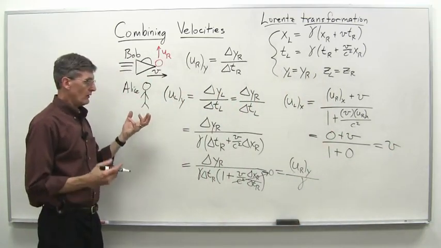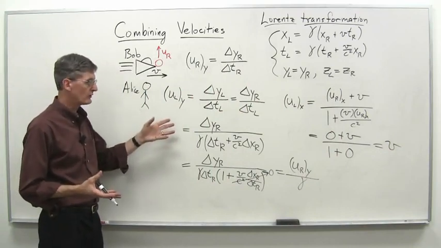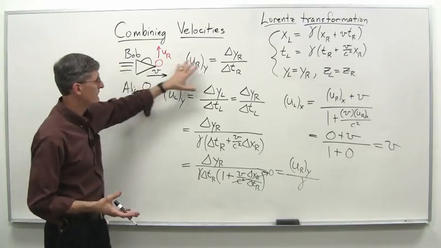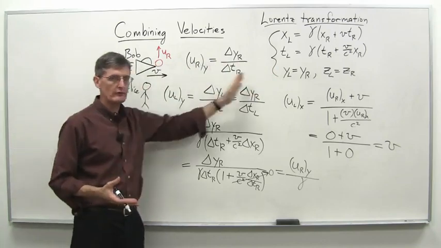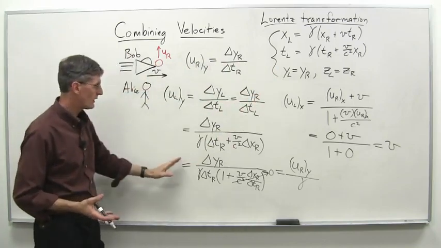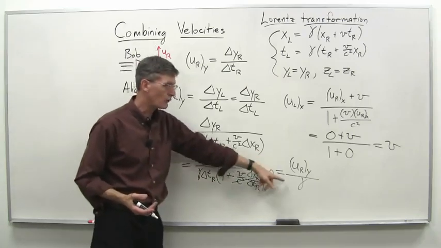So there are two components of the velocity for Alice. One component is just the velocity v in the x direction, because that's just the motion of the spaceship. And the other component of the velocity in the y direction for Alice is u sub ry over gamma.